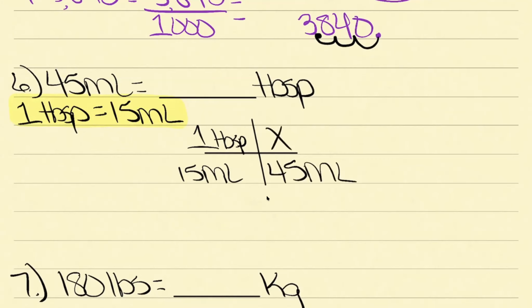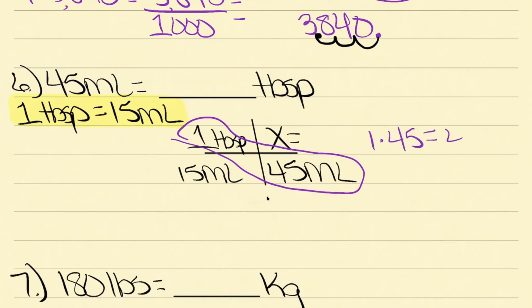And here's my X. One times 45 equals 45, and divide by the only value we have left, 15.